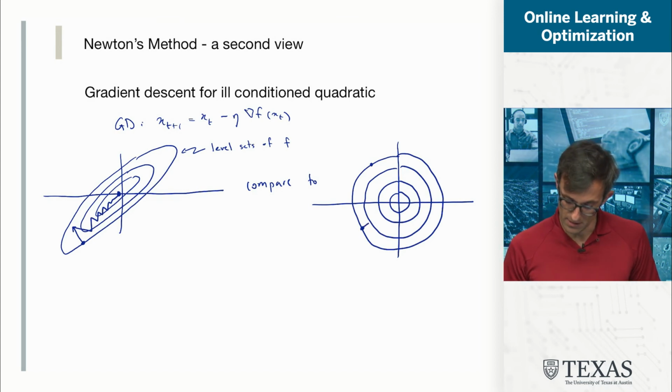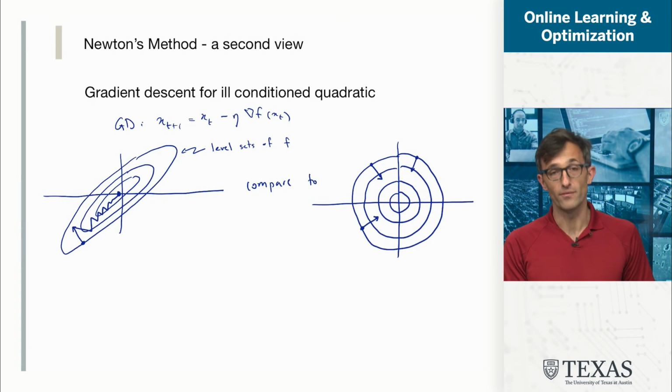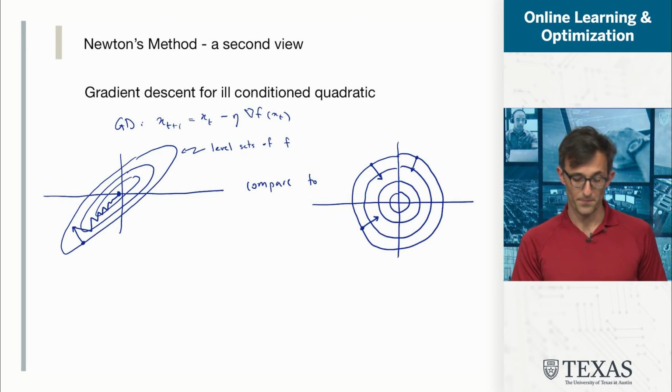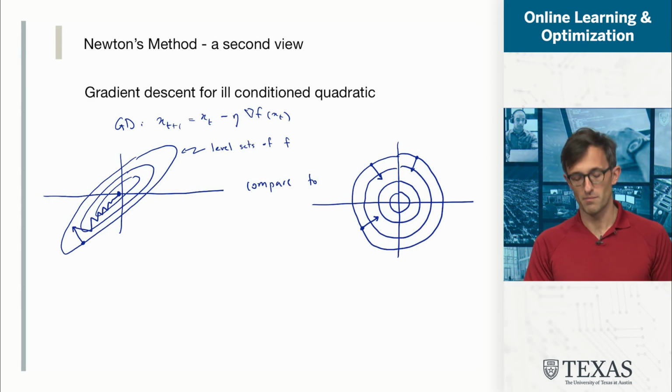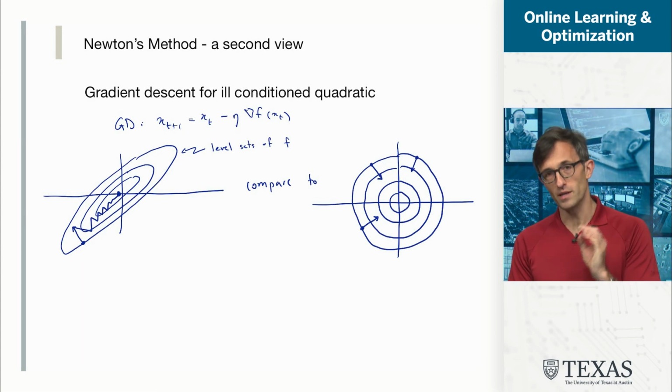And you can see that no matter where you are, that is not having this behavior that we see on the left, where for some points, the gradient might be pointing almost perpendicular to the direction of the minimizer. In this case, we are honed in. We are pointing directly to the minimizer.